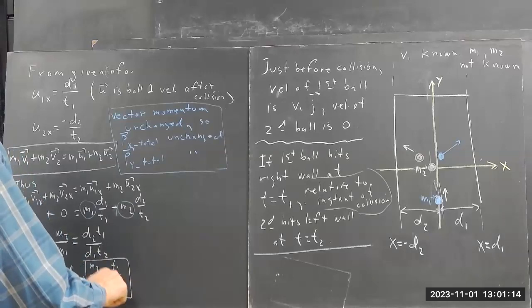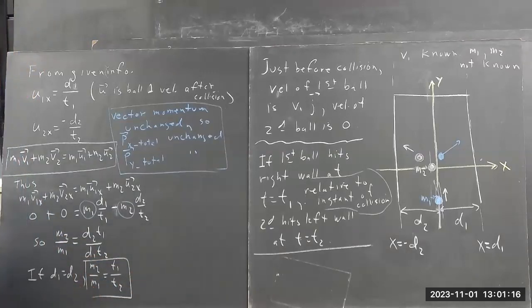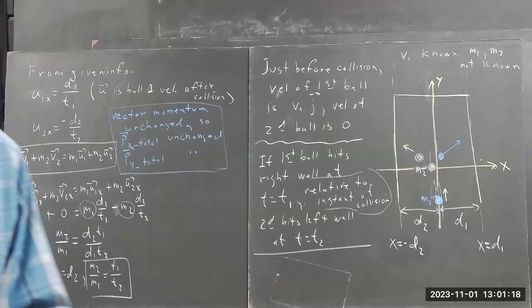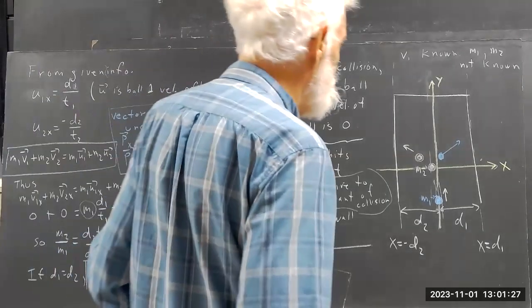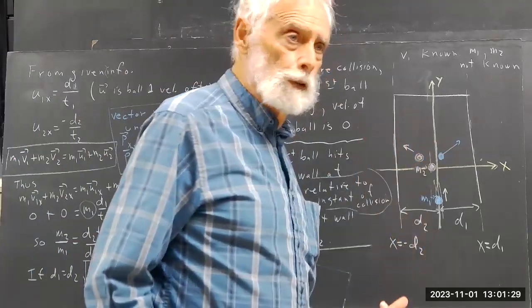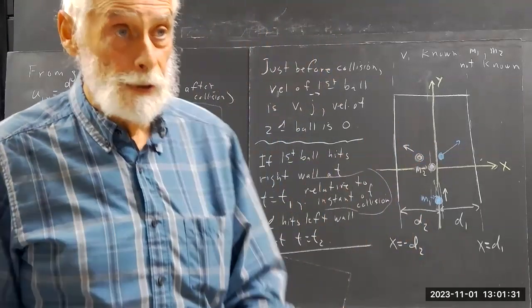And here's where we can apply a little bit of common sense. Okay. So, which ball would you expect to hit the wall first? The more or the less massive ball?